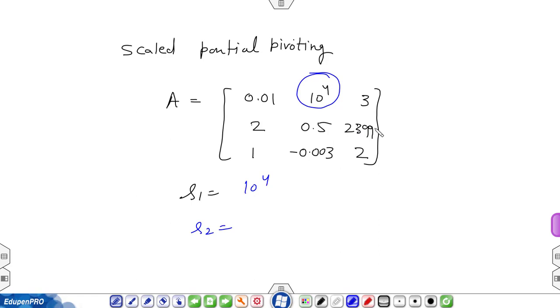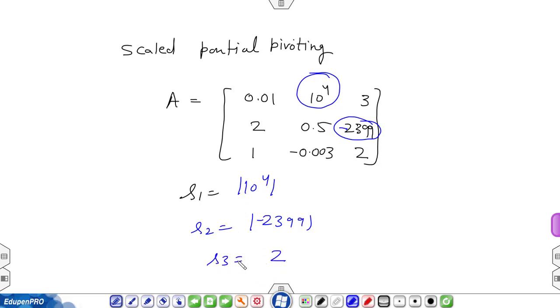S2 is the maximum element in the second row. Just keep in mind we are taking the mod value. Suppose an element has a minus sign, we take the maximum by numerical value, not by sign. We take the numerically largest value, so this is 2.